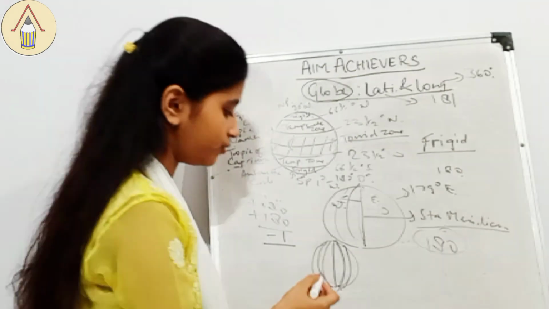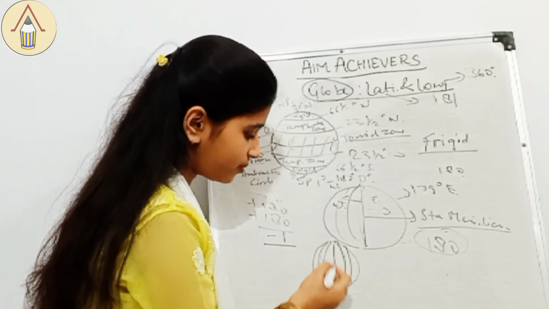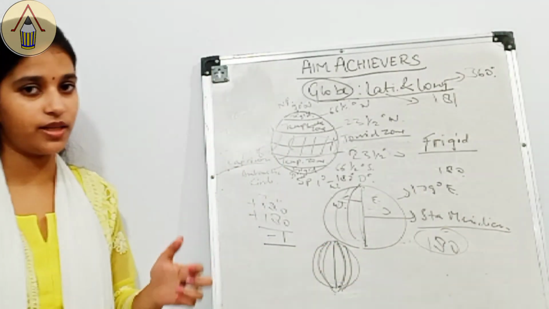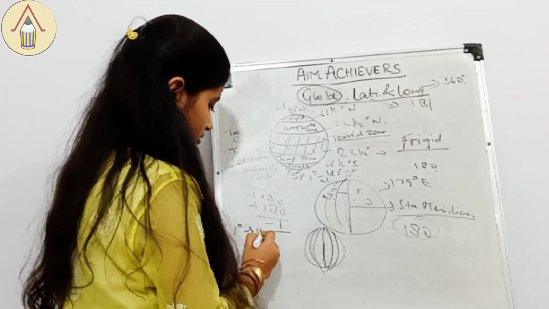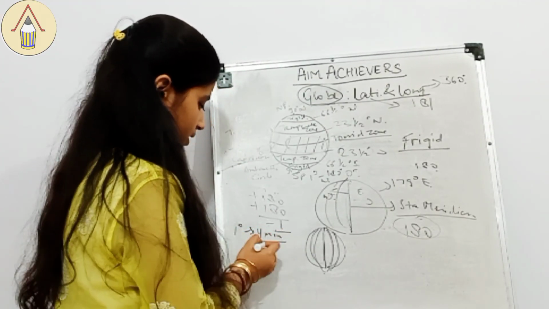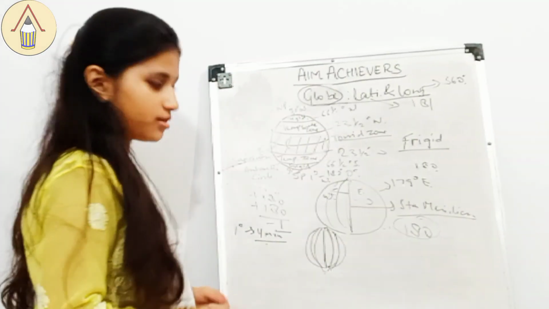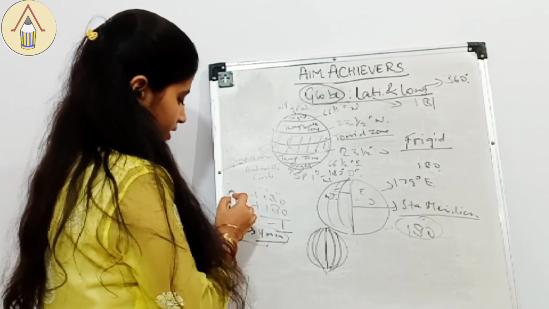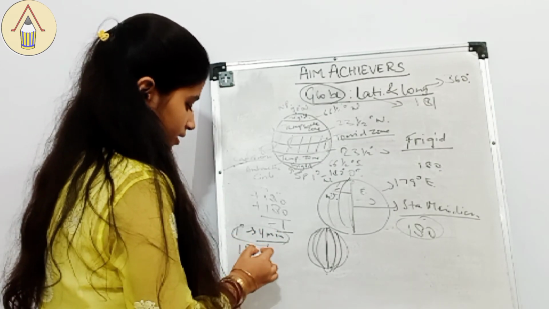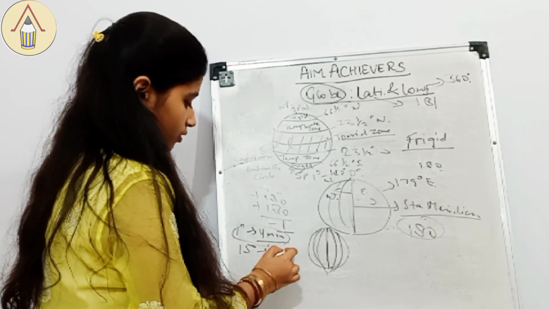Now the time, how do we denote time? Each part is divided into separate parts. 1 degree we cover in 4 minutes. Okay, it is written in the book, you can read it. From the calculation we can take it out that 15 degree will cover 1 hour.